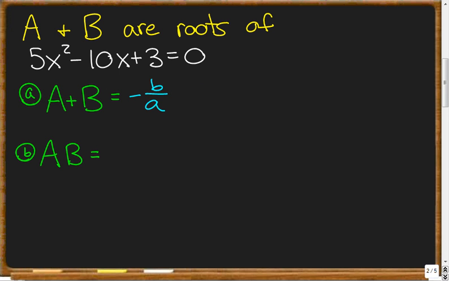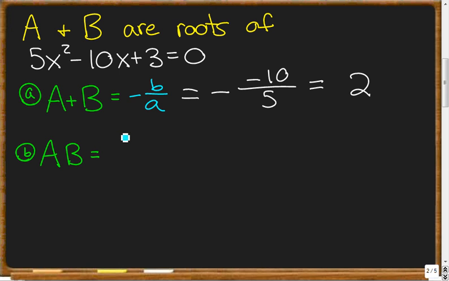So in this sense, b is -10. So we have -10 over a, which is 5. So this is 2. So quite simply, negative times -10 is +10 over 5, gives us that. So we know that has to be true based off of the property in the concept video that we did earlier.